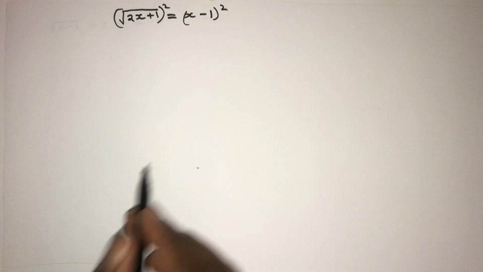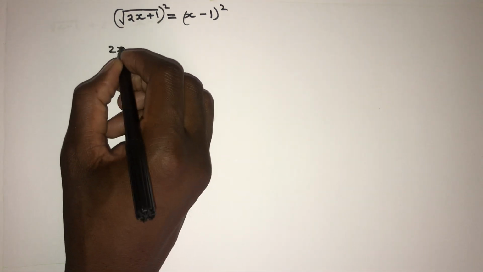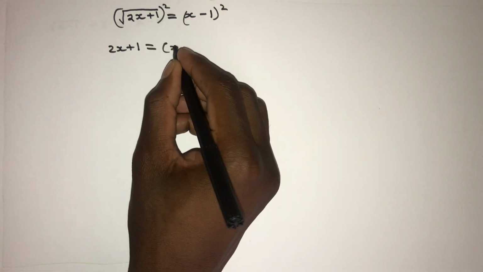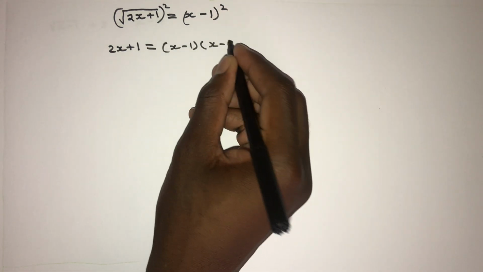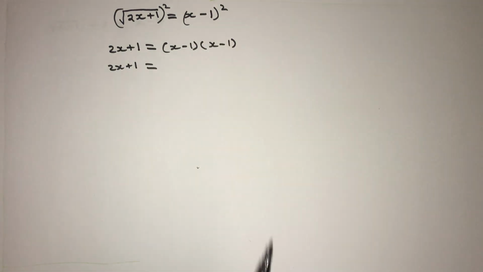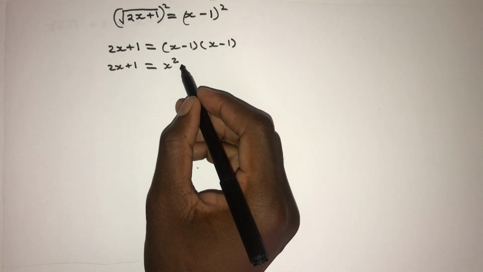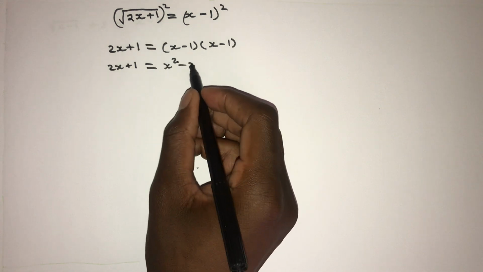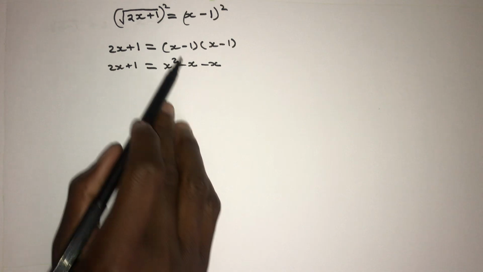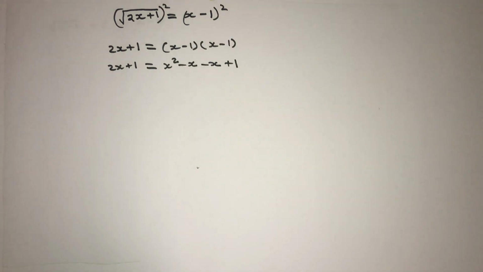Since we squared both sides, the root squared means it's going to be 2x plus 1, equals to, let's expand this one again, x minus 1 times x minus 1. Then this side we have 2x plus 1 is equal to x times x, x squared, x times negative 1, that is minus x, negative 1 times x, that is another minus x, then negative 1 times negative 1 means positive.